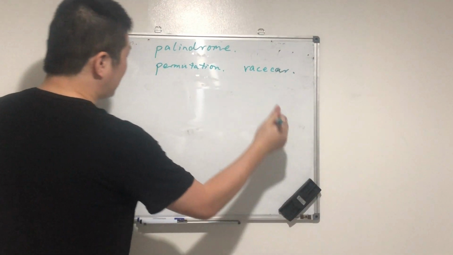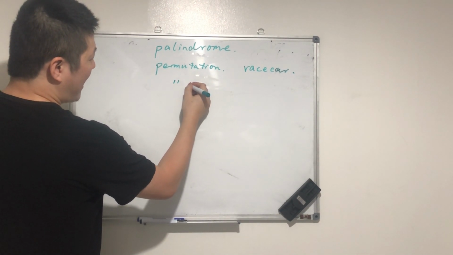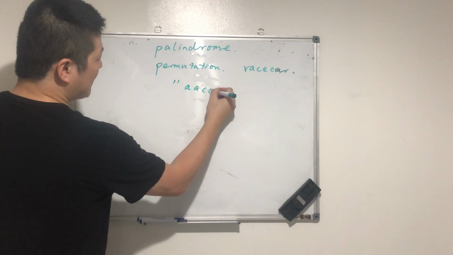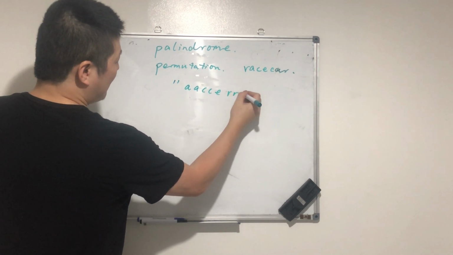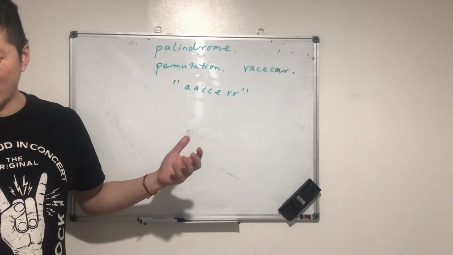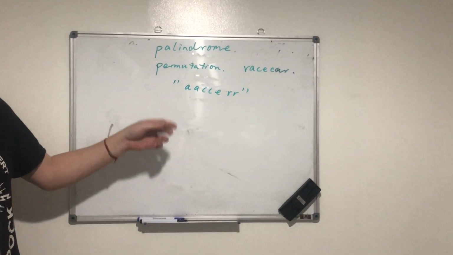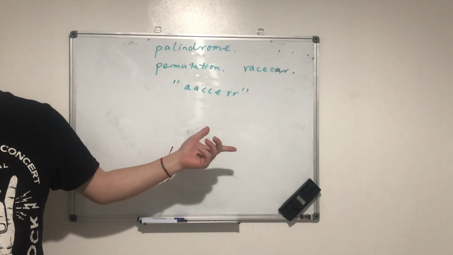So given a string like A, C, C, E, R, can you tell me if you can make a palindrome using these characters? Race car. Yeah, you can. So how do you know it's possible?